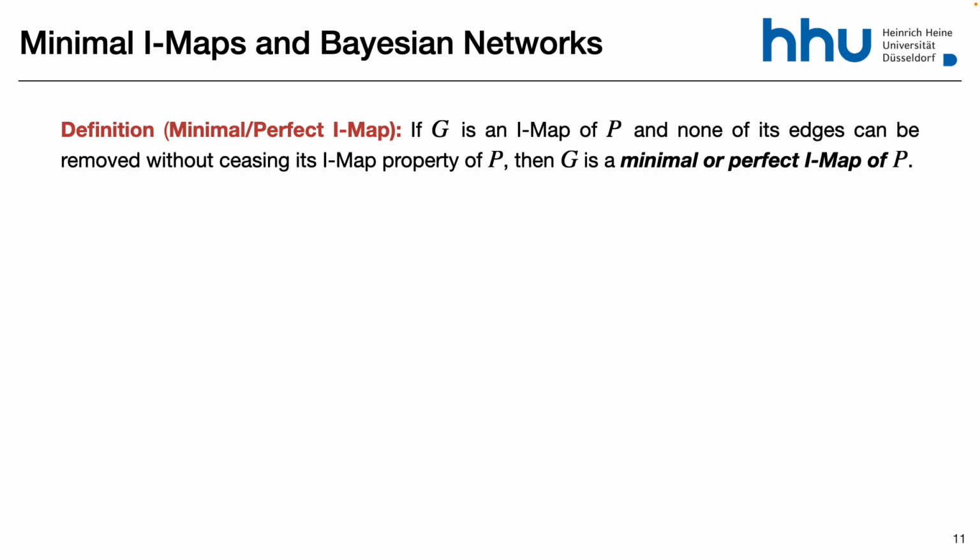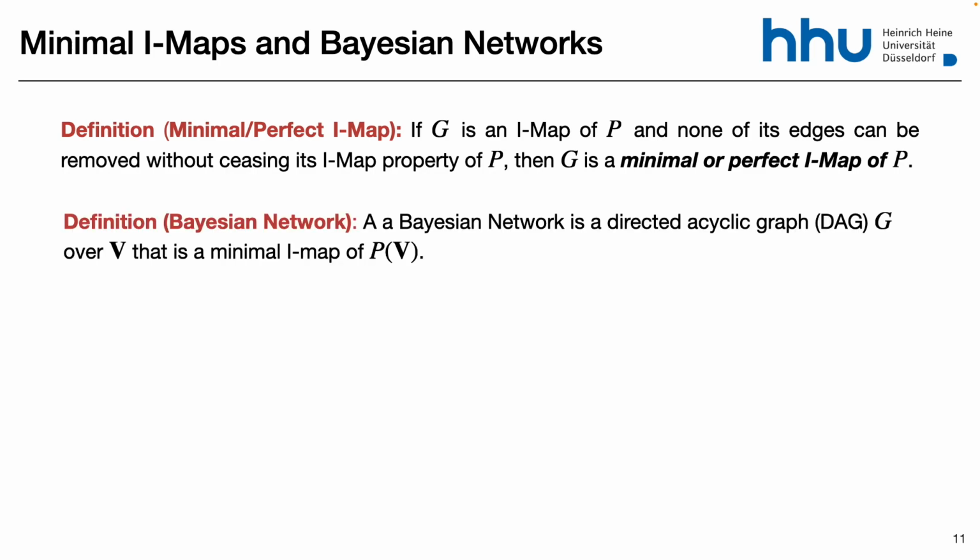So let's read it. G is going to be a minimal IMAP of P if none of its edges can be removed without ceasing to be an IMAP. So I want the most sparse graph possible without implying false independences. I cannot remove any edge without this still continuing to be an IMAP, right? That's the minimal property that we're looking for.